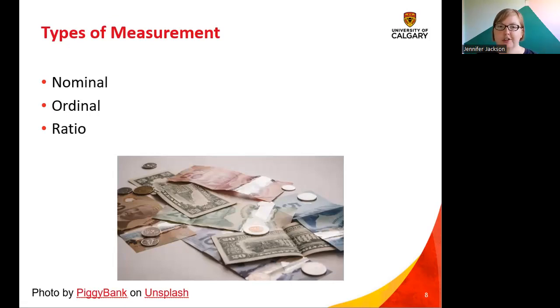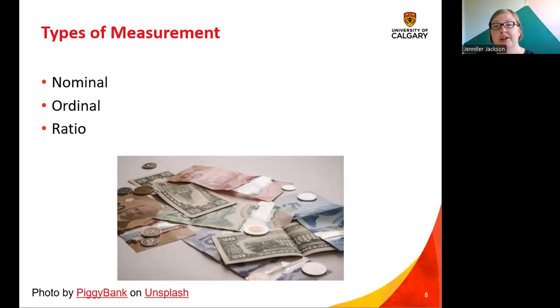In an ordinal variable, there is a value difference between different categories, but that difference is not necessarily equal. So a classic example of that is when we look at average household income.